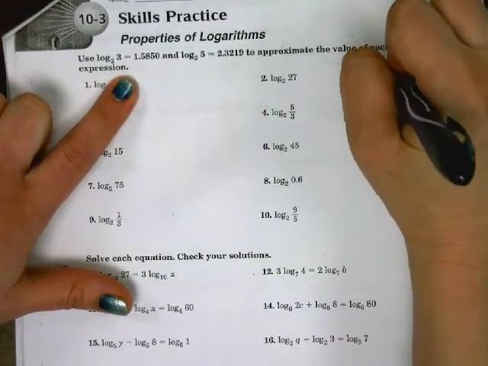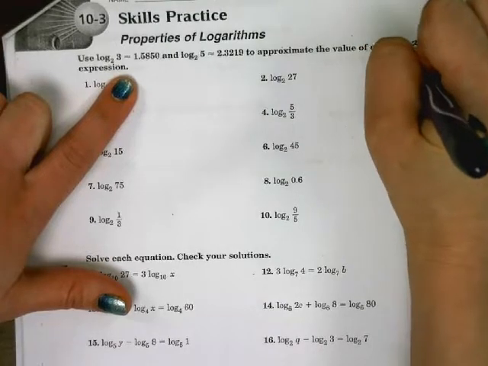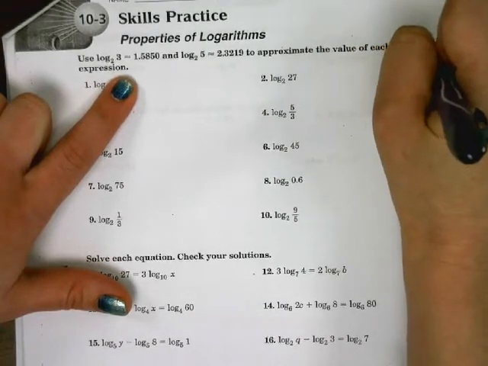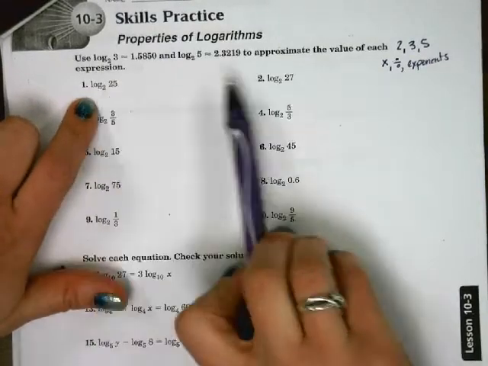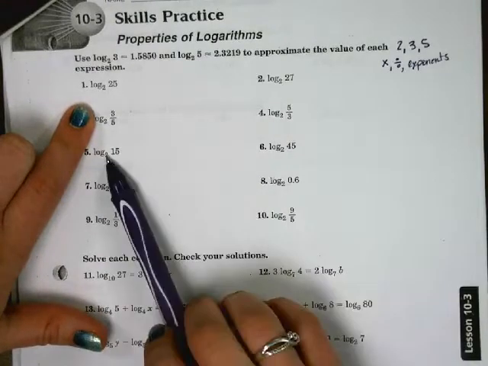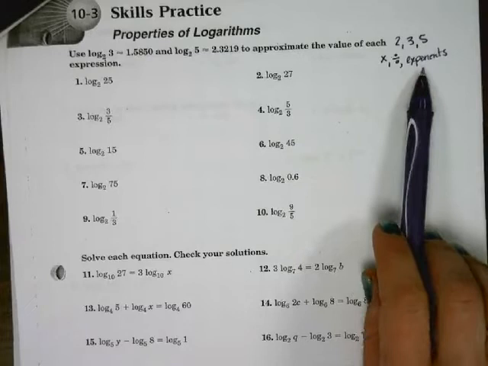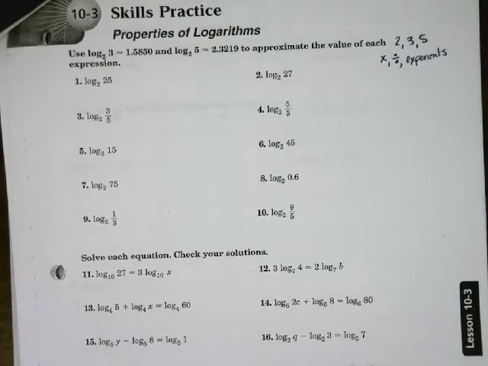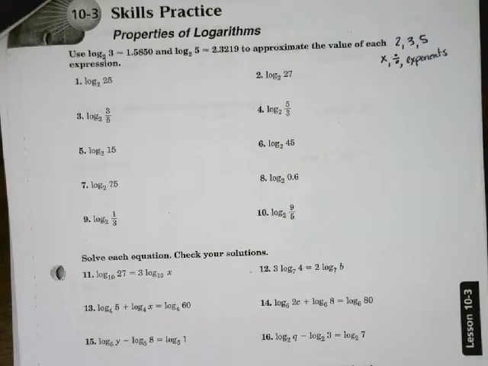You can add, multiply, divide, and use exponents. But you want to rewrite the numbers 25, 27, 3/5, 5/3, 15. So you're going to use those three numbers and a combination of multiplication, division, and exponents in order to do that. Okay? Then you're going to use the decimal approximation to find them.